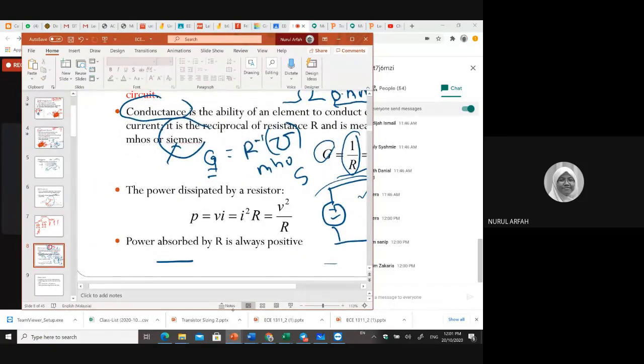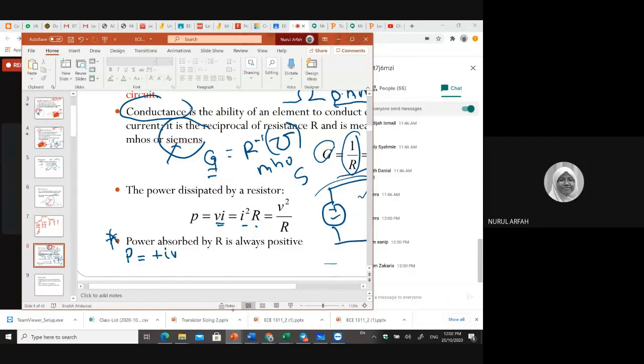Now power. You know that power is equal to IV, and if you apply Ohm's law, you will get I squared R or V squared divided by R. But what about this part? If you still remember in our lecture 1, if P equals plus IV, what type of element is this? Is the power absorbed or delivered?